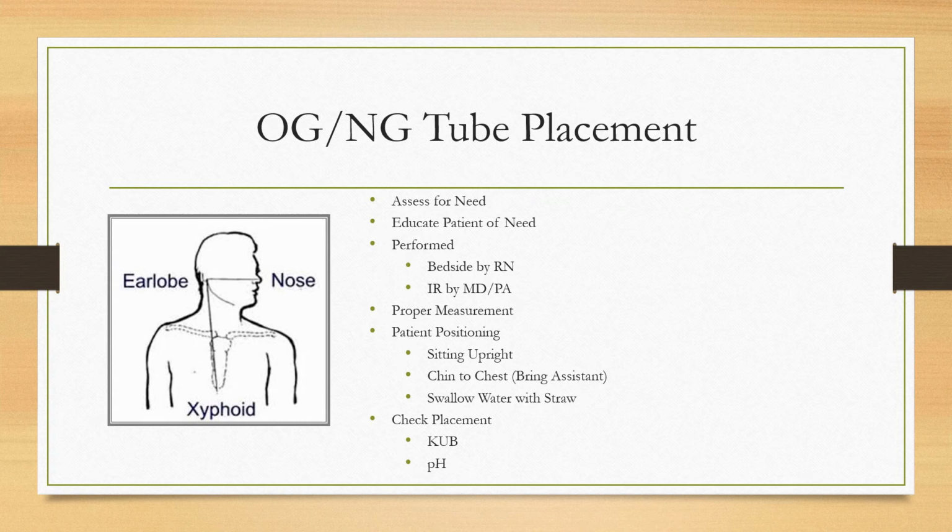So what else do we do before putting in this tube? Well, often we'll spray some lidocaine into the nose to numb it a bit. Sometimes we'll put in a decongestant, such as phenylephrine, just to shrink the tissue down a bit in the nose, just to make it a bit more comfortable for them.